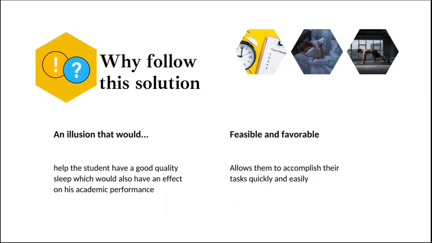Lastly, this solution would also be very feasible and favorable for the students because they could make use of the time for exercising for their requirements and tasks for physical education courses. Not only that, to create a bedroom environment that is optimal for sleeping is simple enough that everyone would be able to accomplish it.